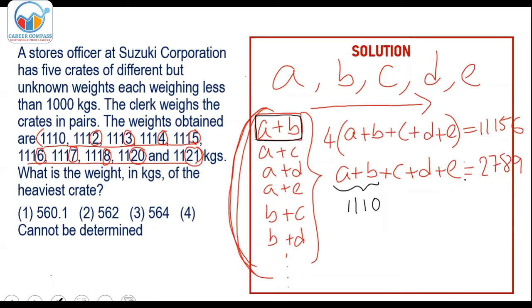D plus E is nothing but the largest of the numbers because that is the heaviest of the pairs. So if you add these two, you get 2231, right? So what is the difference between these two? That's 558.